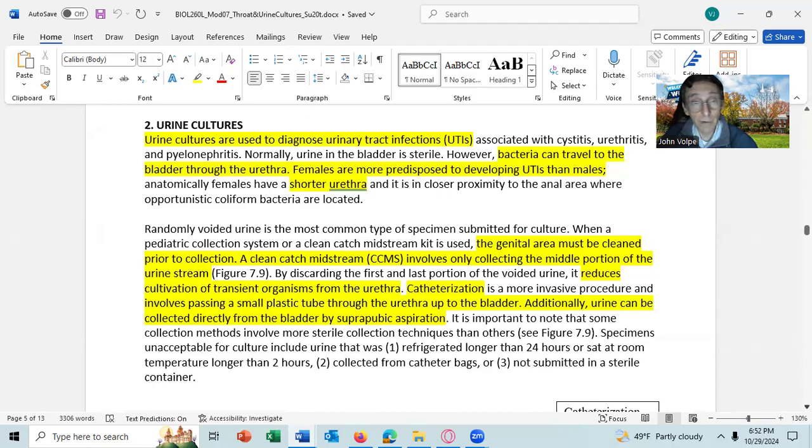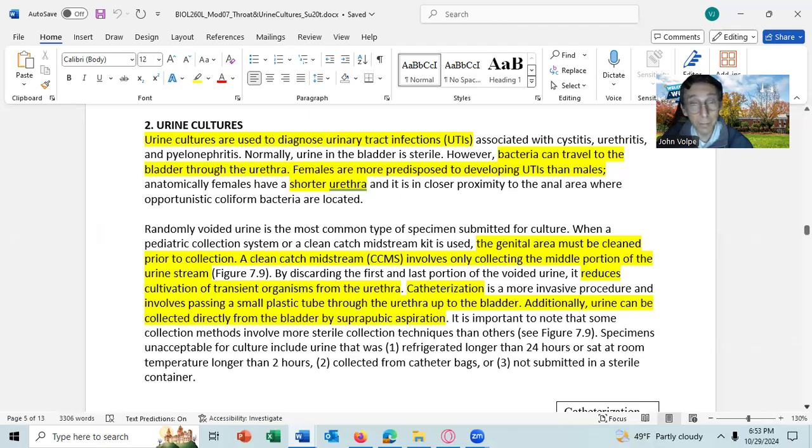Bacteria can travel from the urethra up to the bladder, and even further. They can travel up to the ureters, and further they can travel up to the kidneys. But largely we'll be talking about urinary tract infection, which is also called cystitis, where the bacteria have invaded the bladder.